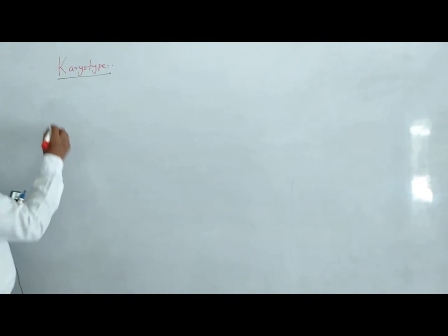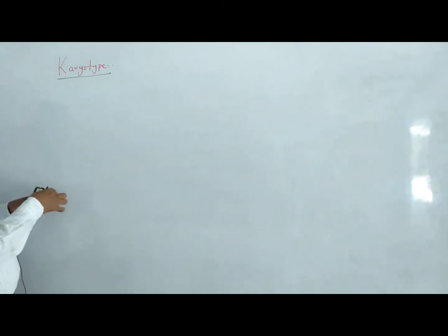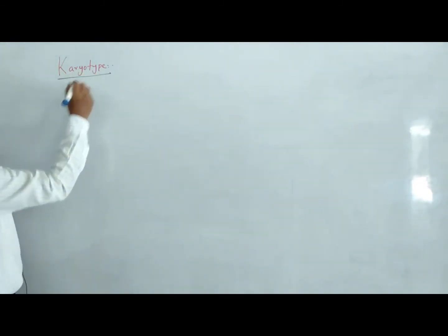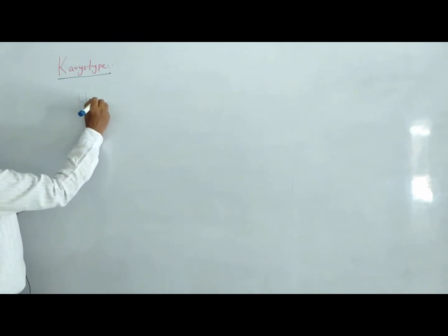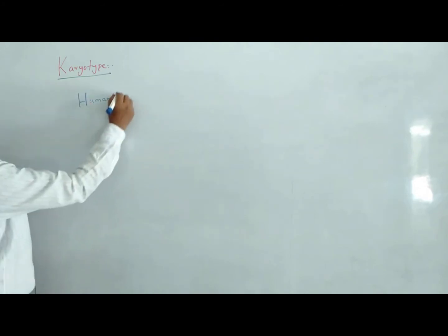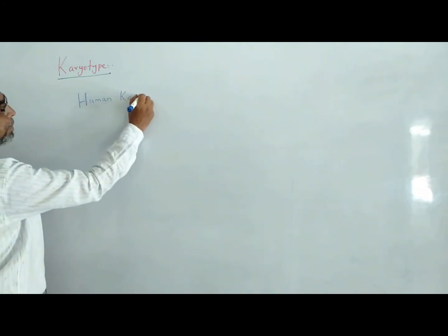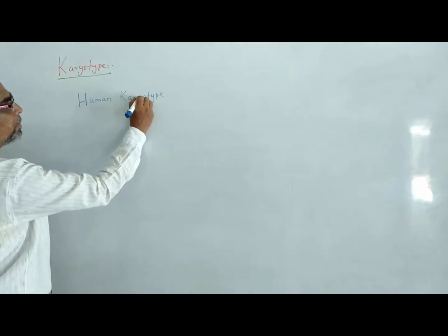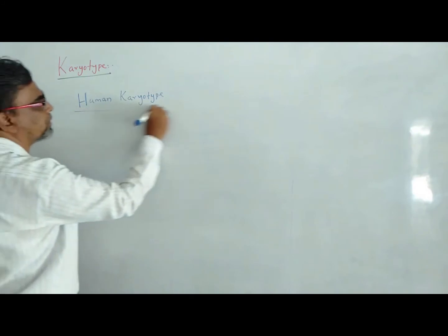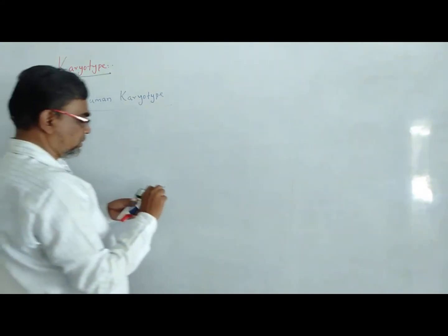Next, students, now we will discuss the human karyotype. These are the general things. Now, especially the human karyotype. We know chromosomes.